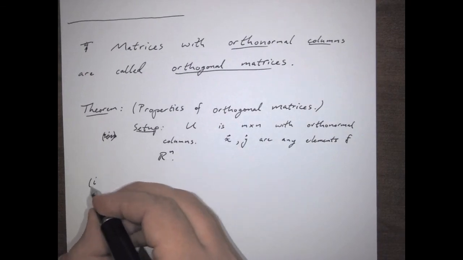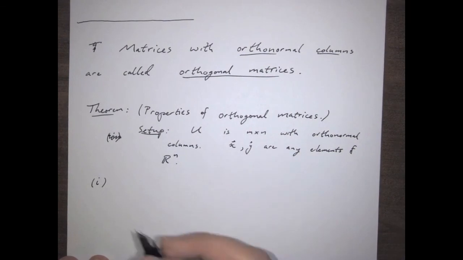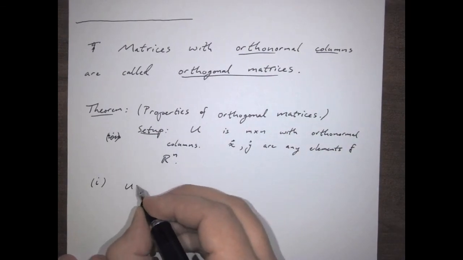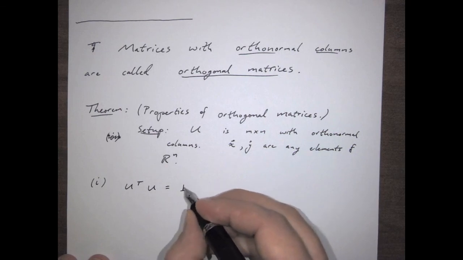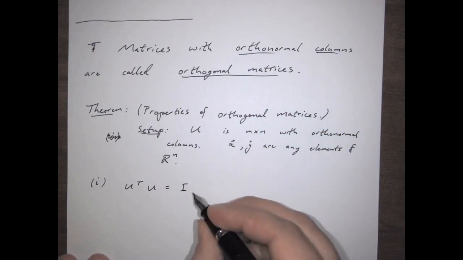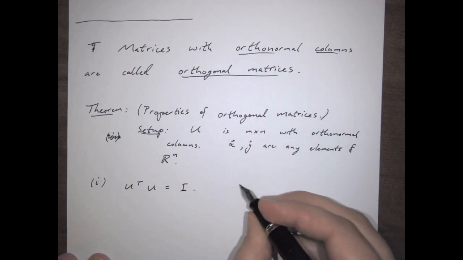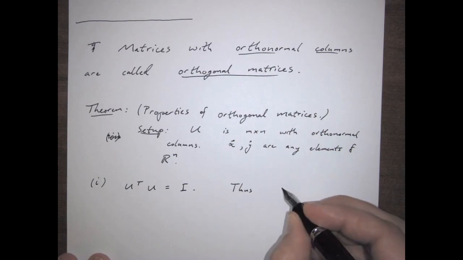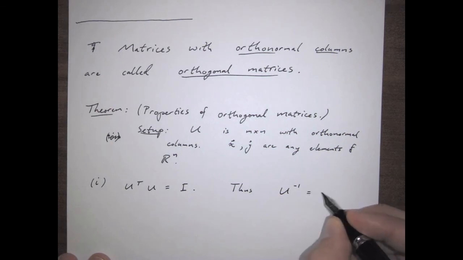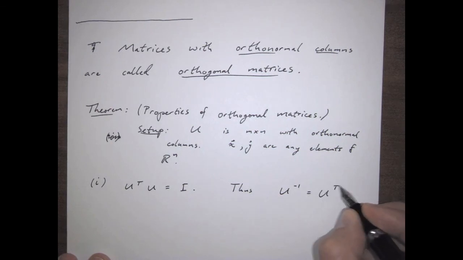1. U transpose times U will just equal the identity. Now what that means is, thus, U inverse is just equal to U transpose.